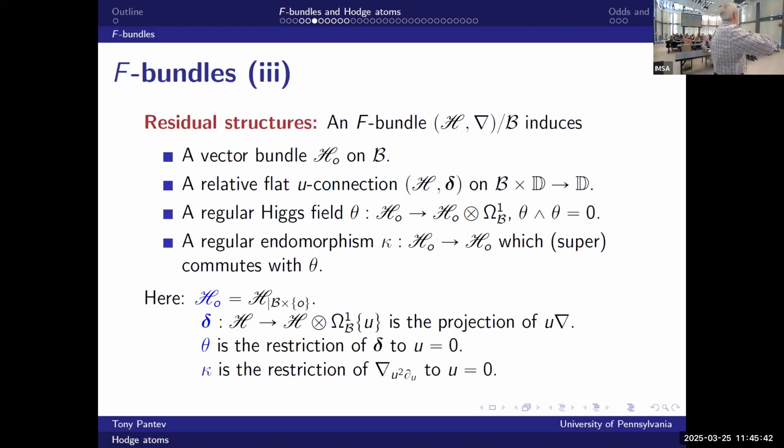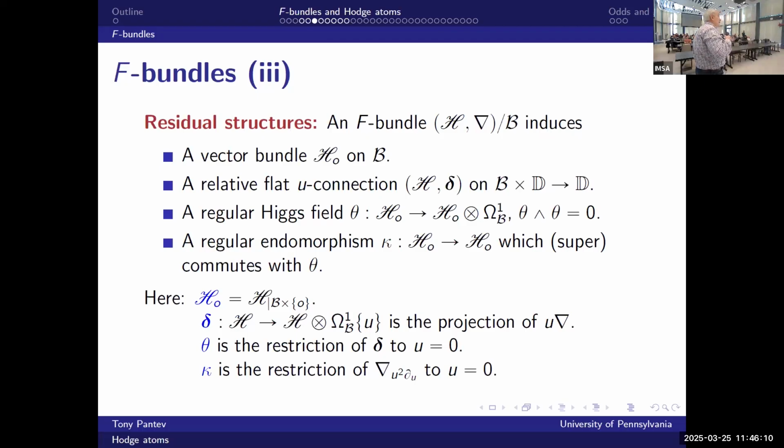So you get a one parameter family of differential operators on B parameterized by D, and the symbol of those operators is not given by the identity as for a connection, but is given by U times it. You get the Higgs field, which is just the value of the U connection at zero, and it is an integrable Higgs field.